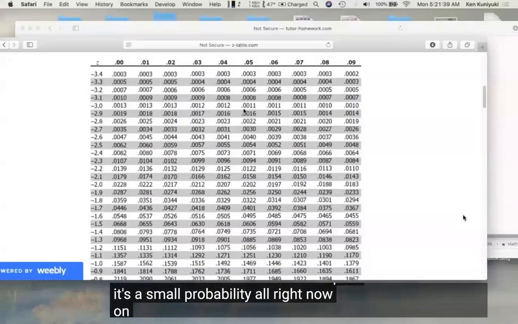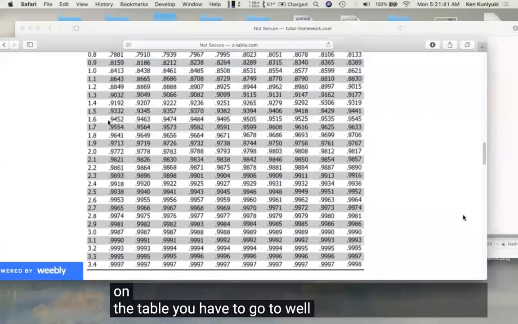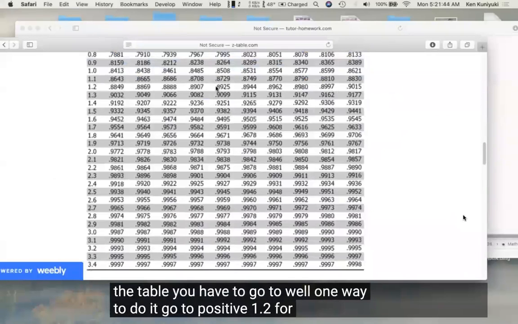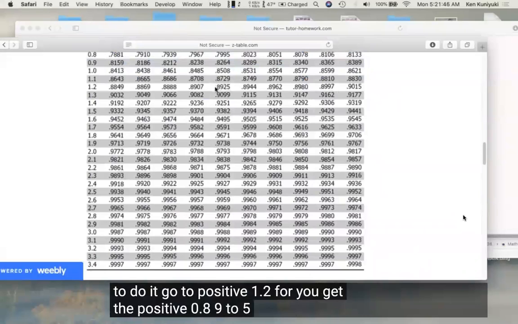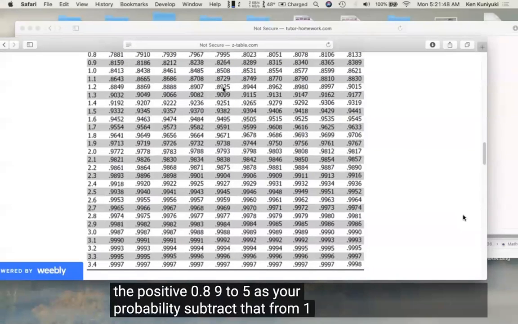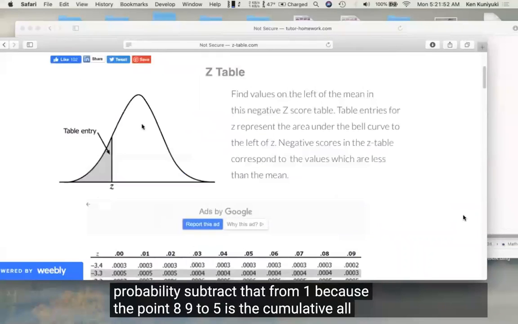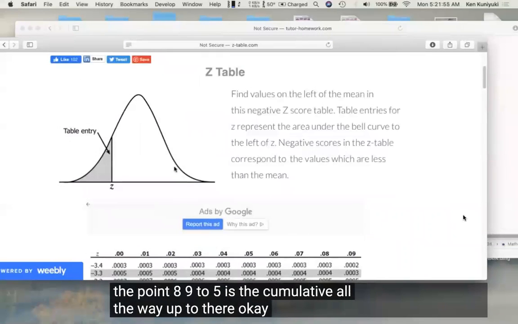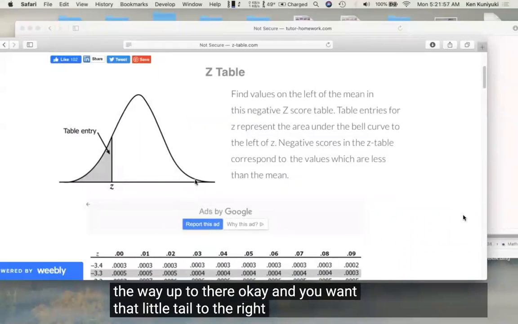Now in the table, one way to do it is to go to positive 1.24, you get the positive 0.8925 as your probability, subtract that from 1, because the 0.8925 is the cumulative all the way up to there, and you want that little tail to the right.